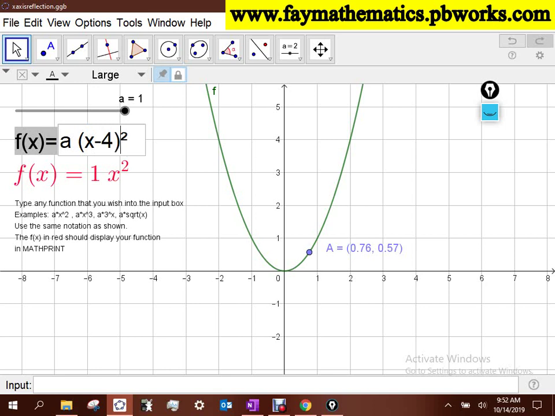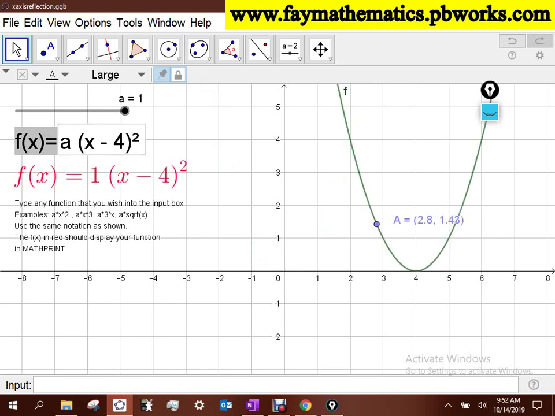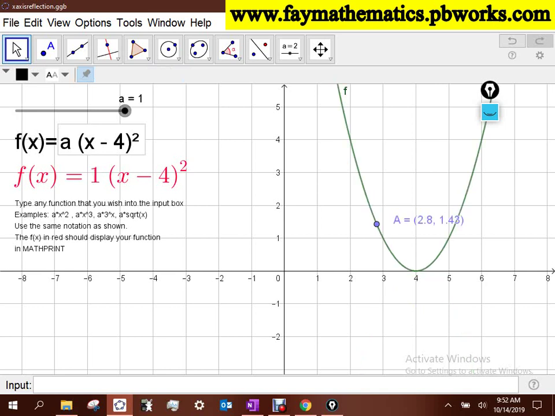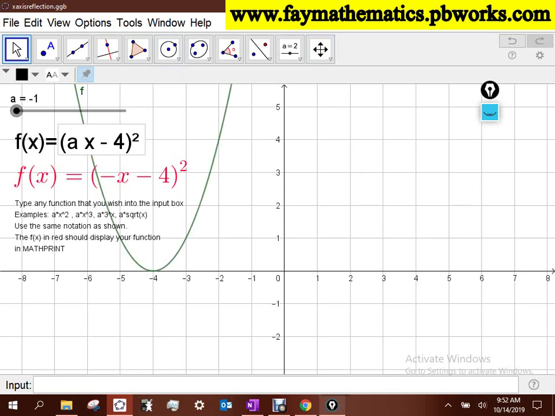Let's go a times (x minus 4) squared, something like that. So there's that function. So (x minus 4) squared is kind of my parent function here. You see how if I toggle back and forth between the negative here, it's still vertical, right? Okay. But if I put the a right here, so I multiply the x by a negative, you see how that's a horizontal reflection?